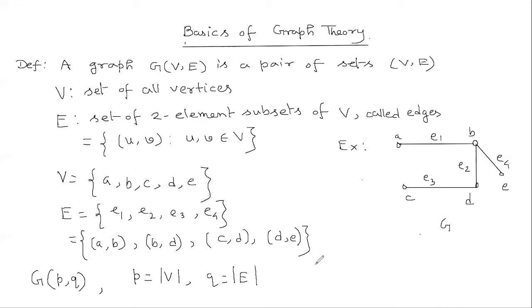Now, this P, the number of vertices, is called the order of the graph, and the number of edges is called the size of the graph.